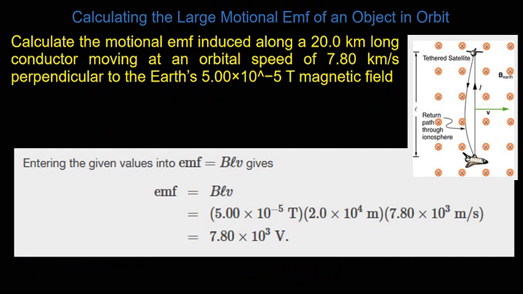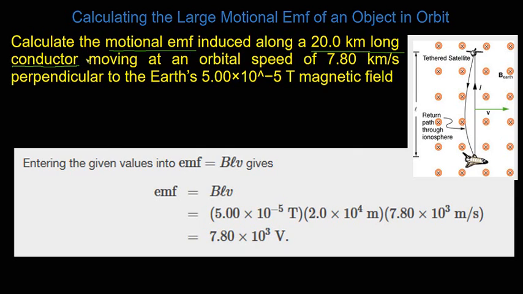Let's take an example of studying the motional EMF concept and applying it for calculating the voltage generated across a long wire. So in this problem, we are asked to calculate the induced voltage or the motional EMF, which is present in or across a 20 kilometer long wire.